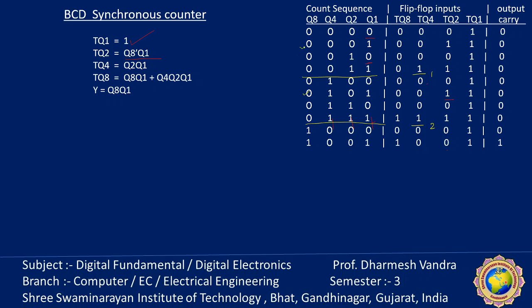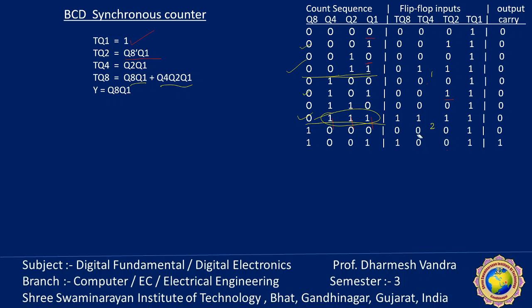So we cannot say it directly. So one is Q8 Q1, and the second is that all three are 1. Which three? Q4, Q2 and Q1. Okay, here all three are 1. So due to this, the second case is this one, and the first case is this one. So these are the two considered states.